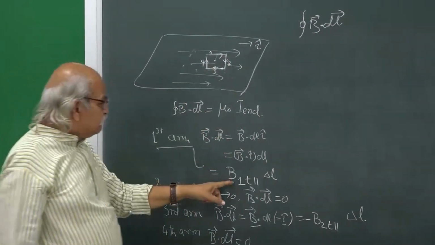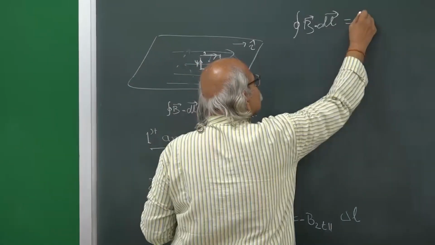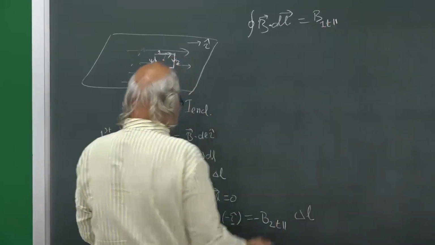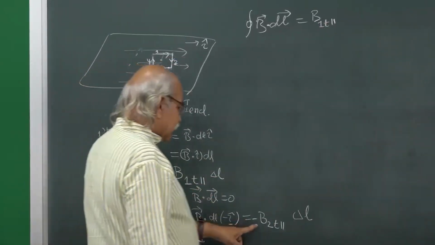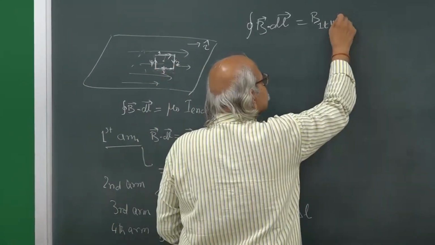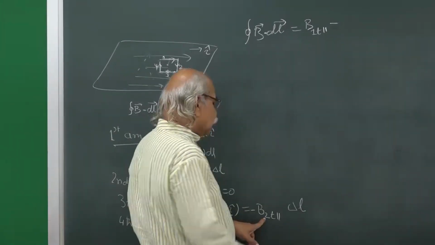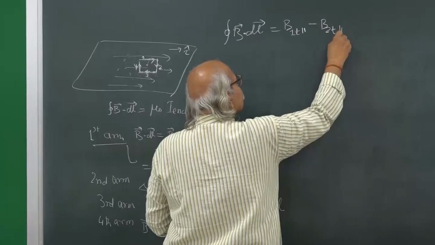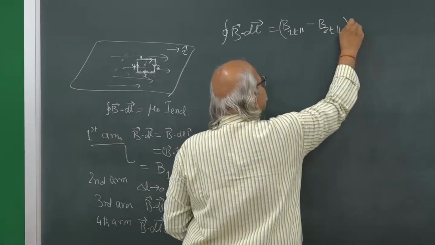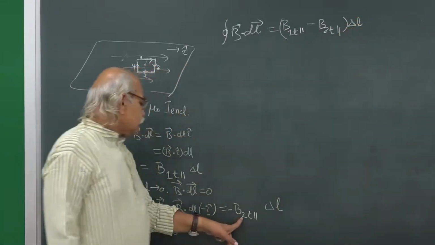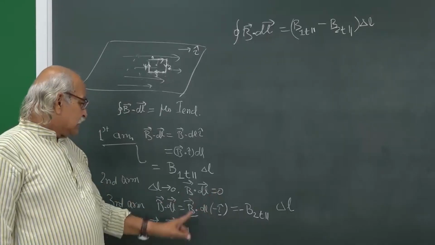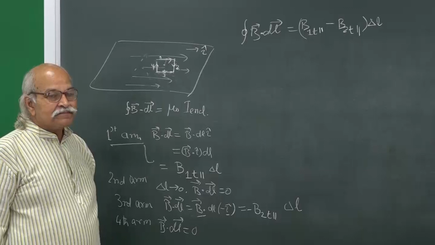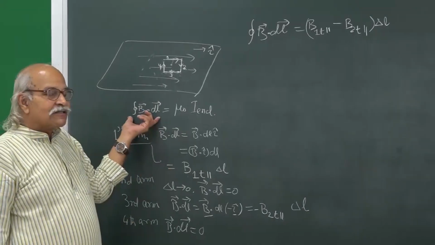So, it is B1 tangential, parallel to the current, times delta L, and minus B2 tangential, parallel to the current, times delta L. The other two are 0, so adding them you get this. That is our left hand side.